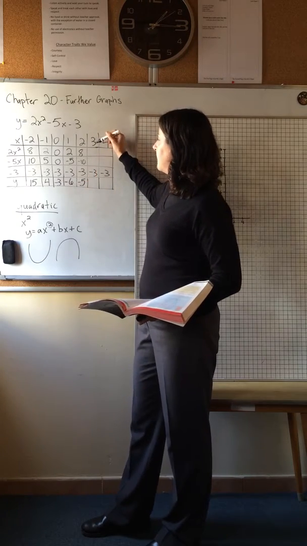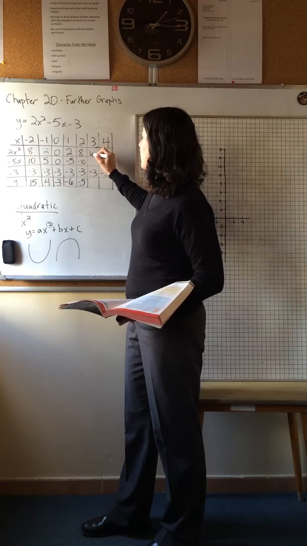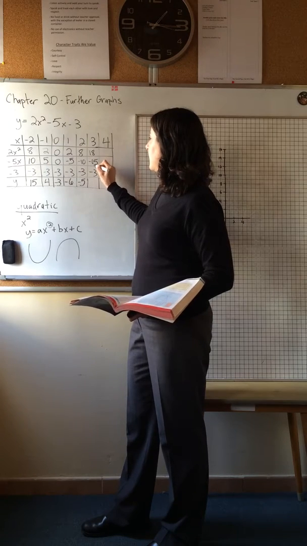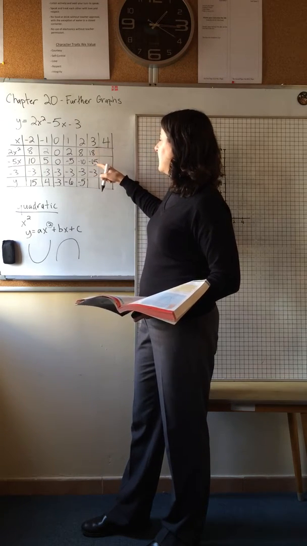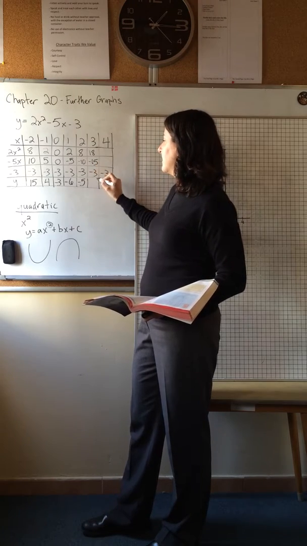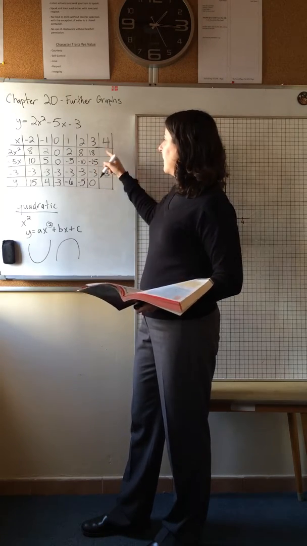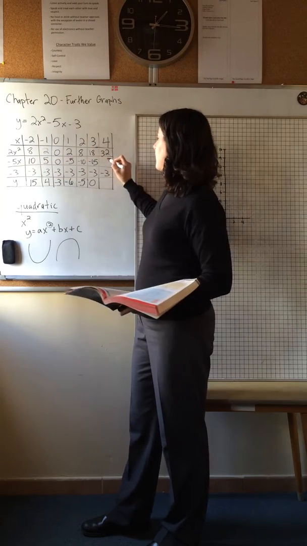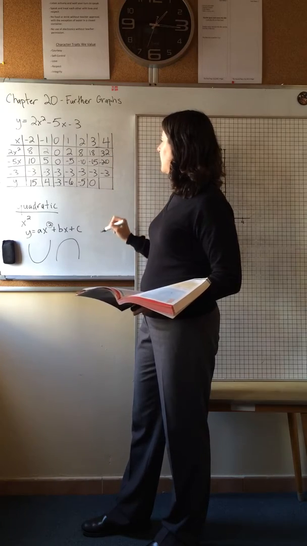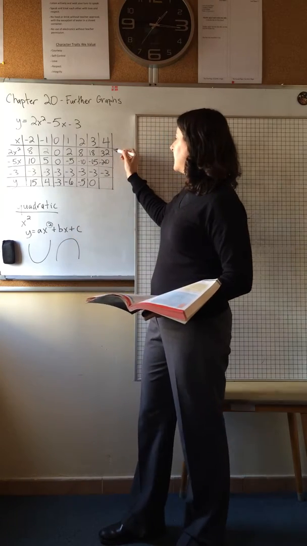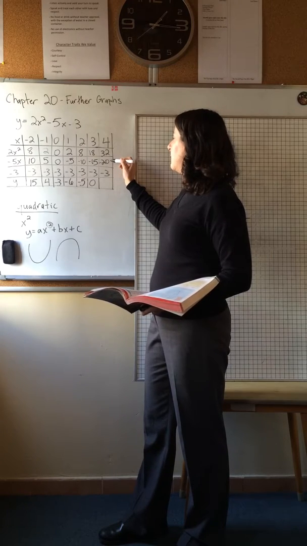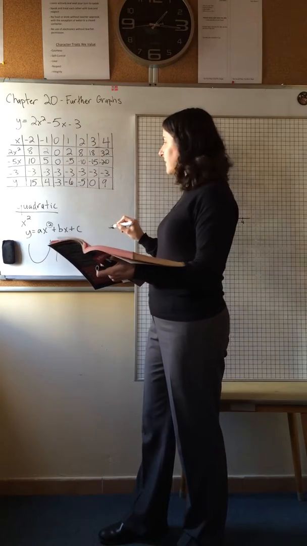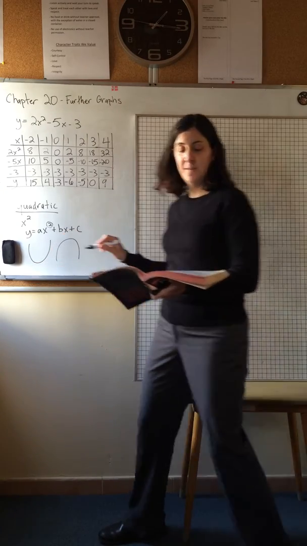Then we have 3. 3 squared is 9, times 2 is 18. 3 times -5 is -15, and again my -3. 18 and -15 give me 3, minus 3 is 0. 4 squared is 16, times 2 is 32. 4 times -5 is -20, and then we have the -3. So 32 and -20 is 12. 12 minus 3 is 9. So we can make sure I didn't make any mistakes before we graph this. Alright, that's good. We didn't.